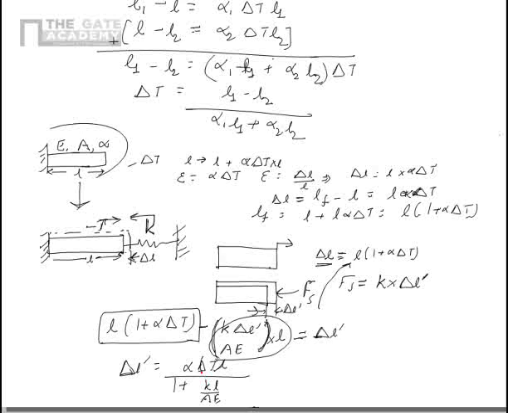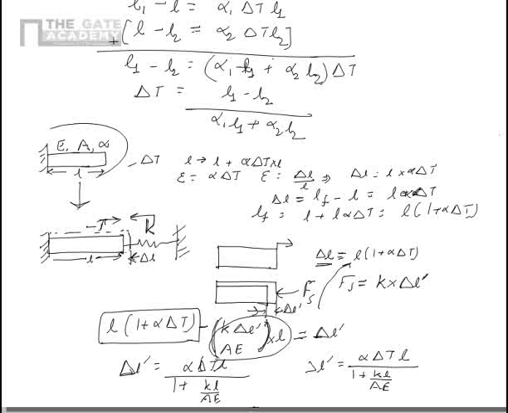Now this equation can also be used in inverse condition. If I just write the equation again, delta L dash is equal to alpha delta T L divided by 1 plus KL upon AE. Now you see, in this equation we can also have a condition wherein the area of cross section of the bar is very high or the E value is very high.